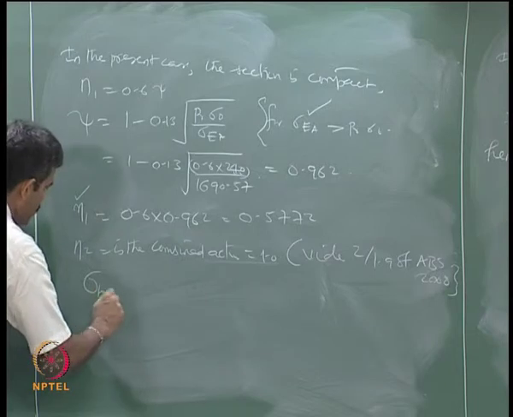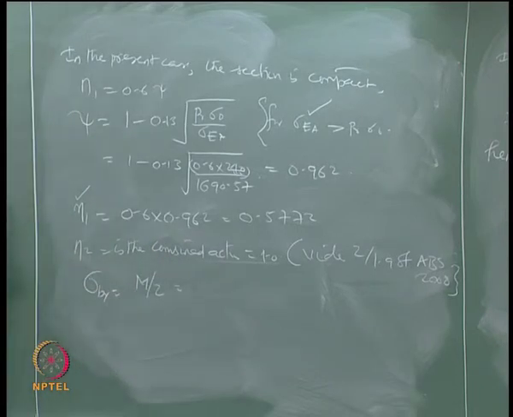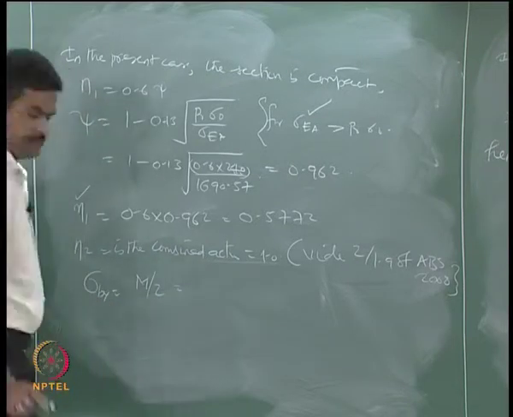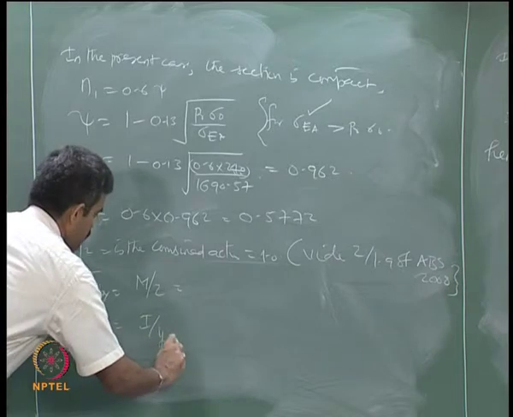Sigma By in this equation is simply M by Z. Let us compute Z as I by y max.